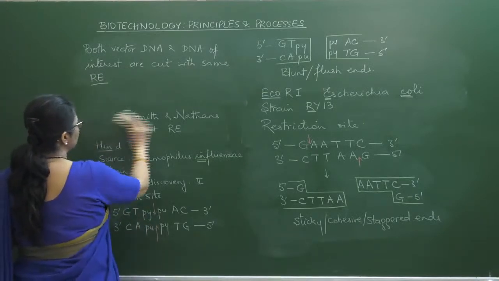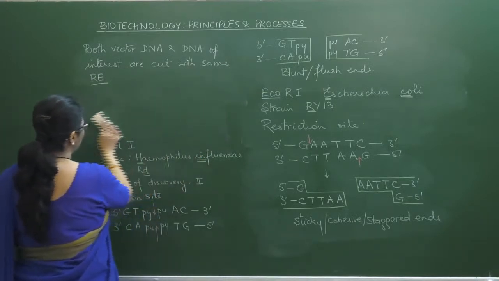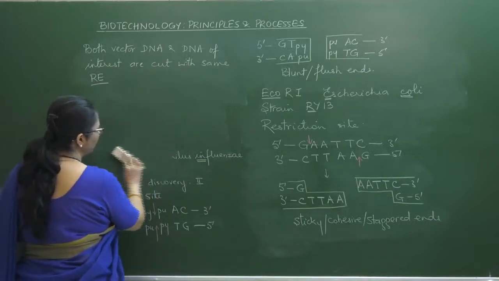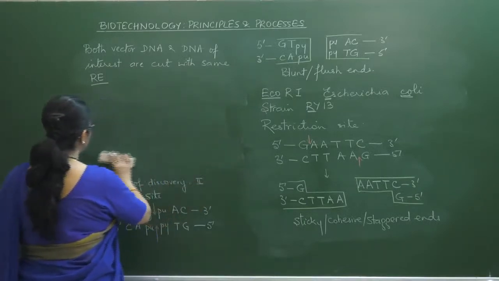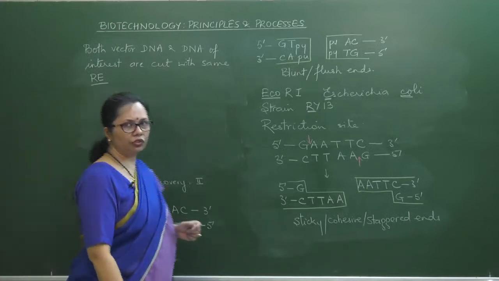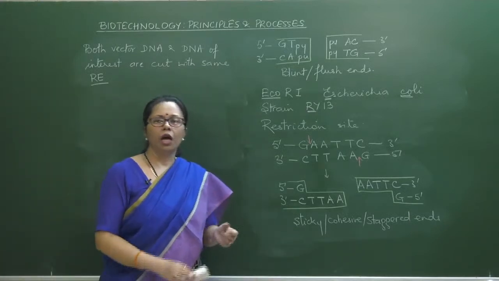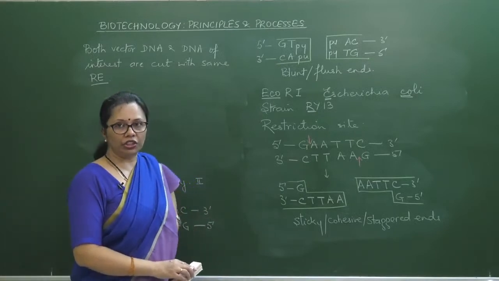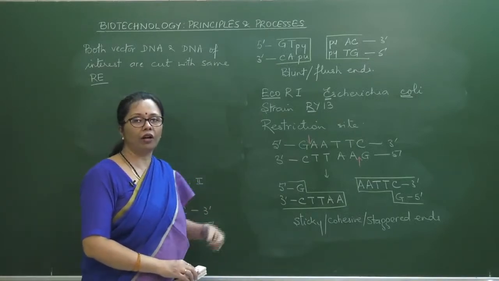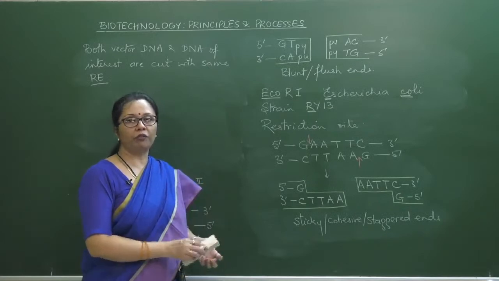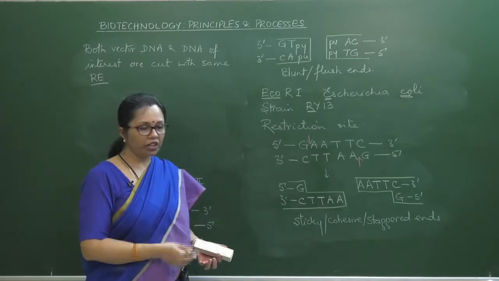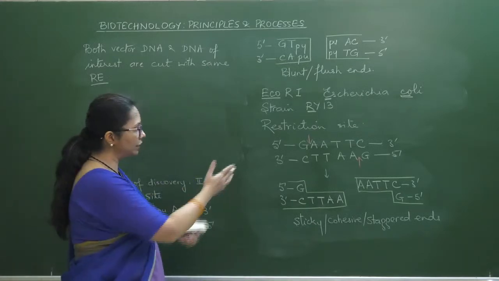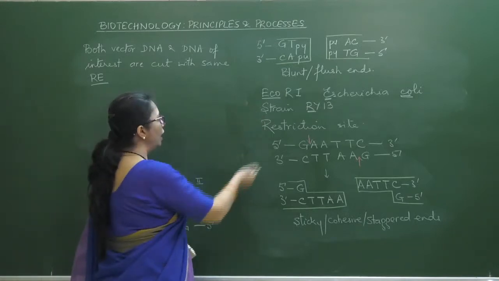Now you see, previously there was one question where 4 restriction endonucleases were given and you had to identify which one gives a blunt end. As I told you, there are thousands and thousands of restriction endonucleases discovered so far. So it is not easy to remember all of them, but certainly we can take a few examples, like the 2 examples we have already done.